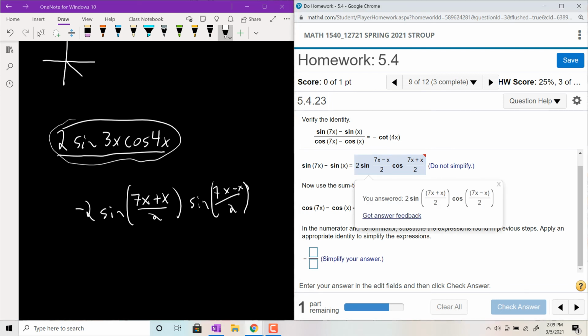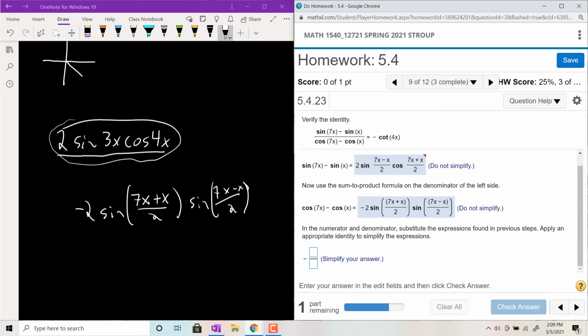Is that the right answer they gave me? Yeah, they put the right answer there. So 6x over 2 is 3x, 8x over 2 is 4x. So the thing I circled on my paper is right. Then the bottom will be negative 2 sine of 4x sine of 3x.